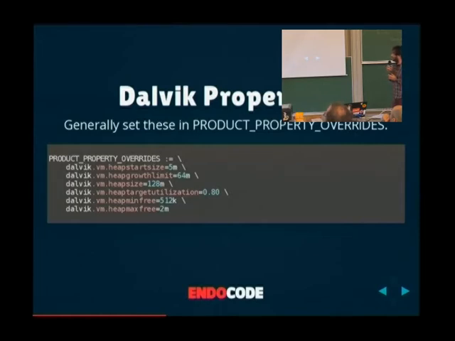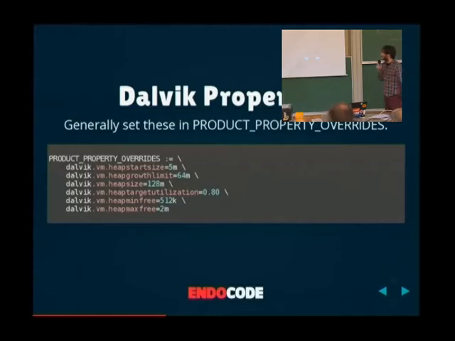Heap growth limit is the limit that the heap has for regular apps, whereas heap size is the limit that the heap has when you declare a large heap property in your Android manifest in your app. That's not very good, because if the heap is larger, your app is going to perform slower, but some apps might need this increased heap size.